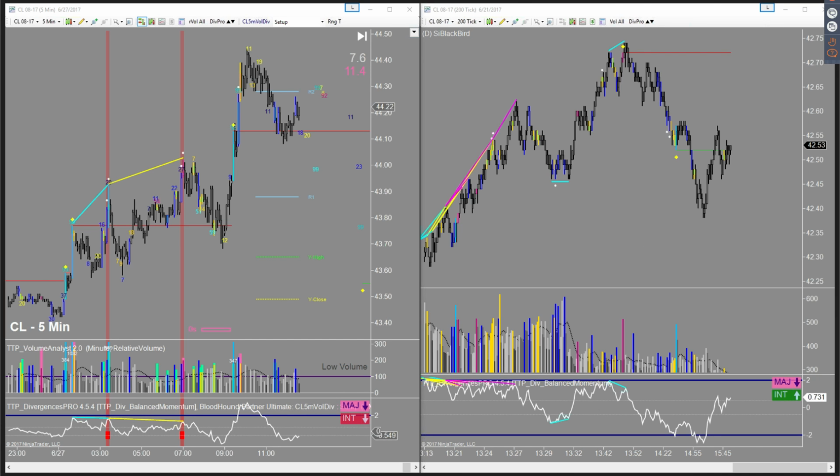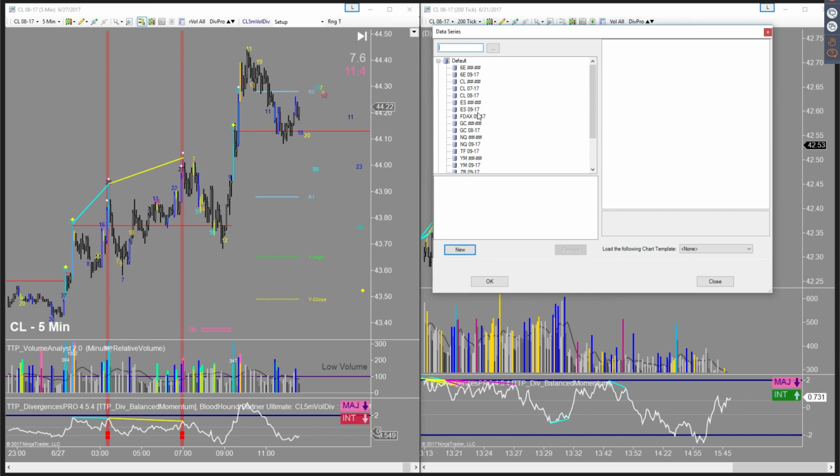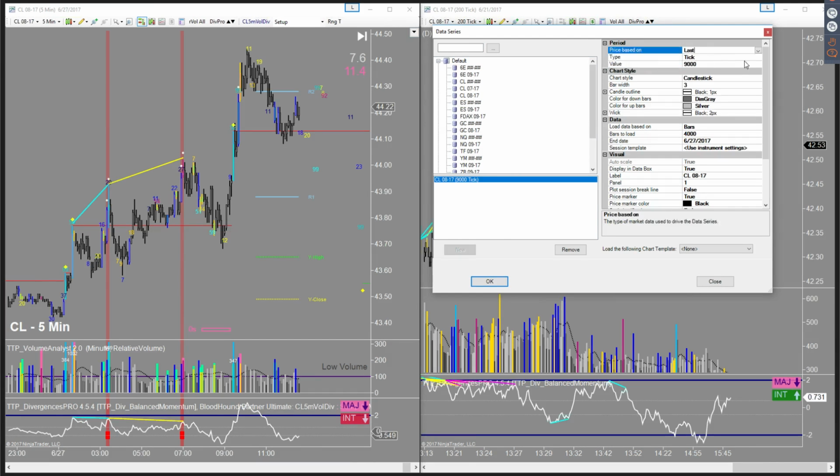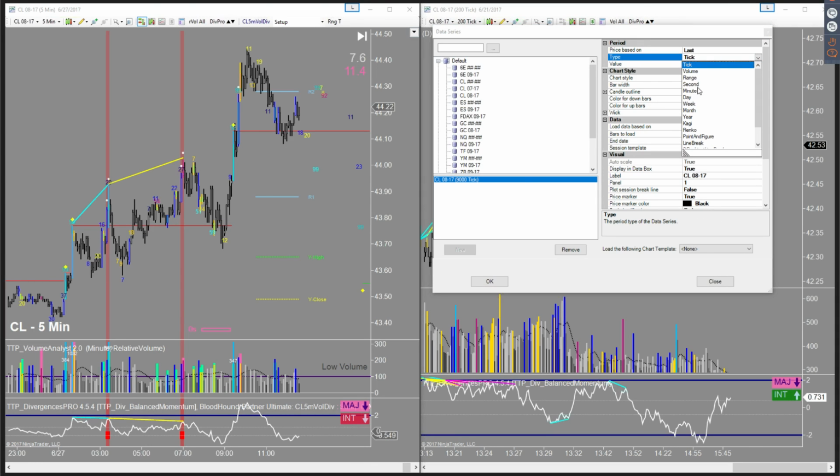So let me just show you this in action here. On Friday, we're going to go into way more detail about all of this stuff. I do want to show you how we combine this in Blackbird in a second, but let me show you this real quick. All right, I'm just going to do a simple 1 minute chart.